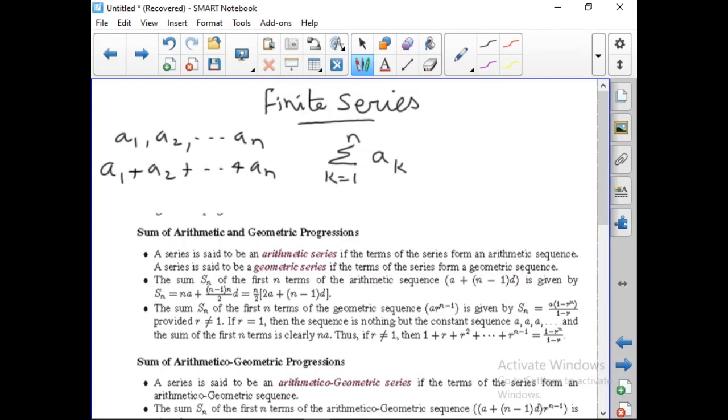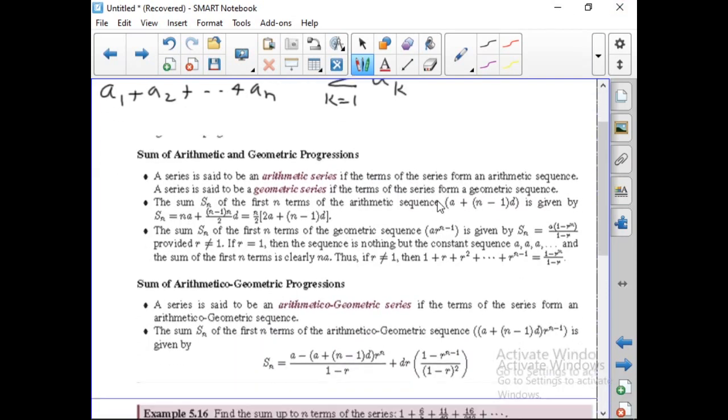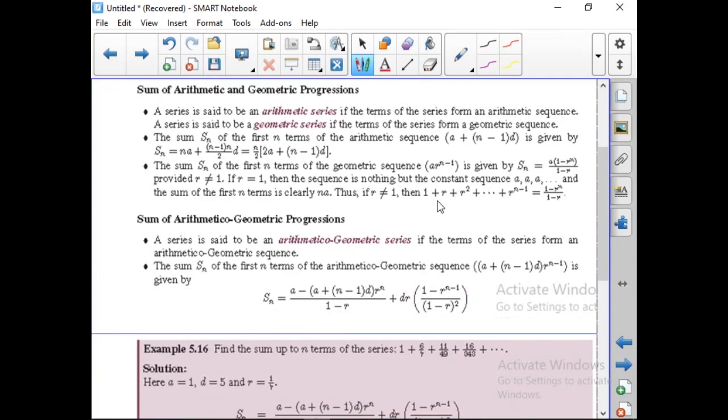Now, we will see the sum of arithmetic and geometric progressions. You have studied all this already in 10th standard. So, AP and GP you are very familiar with. A series is said to be an arithmetic series if the terms of the series form an arithmetic sequence.